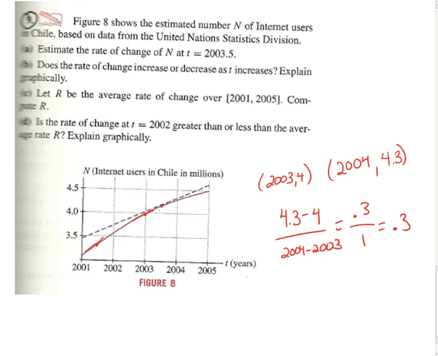It's becoming flatter. So the slopes are decreasing, which means the rate of change would be decreasing as t increases.